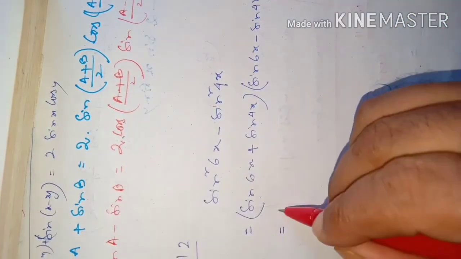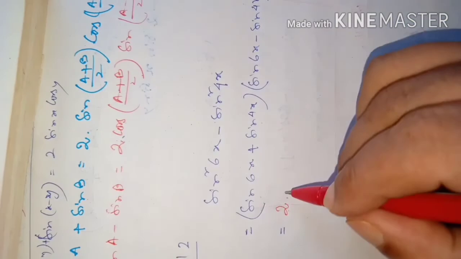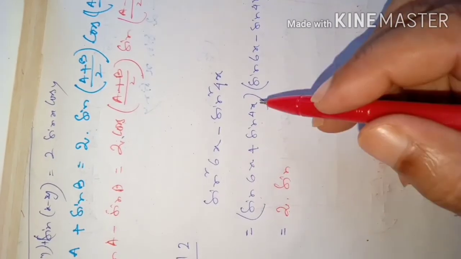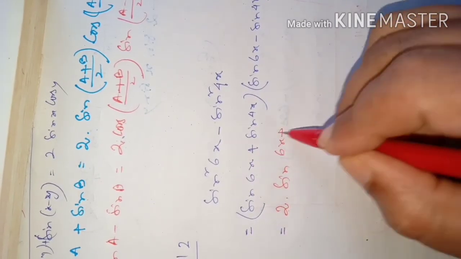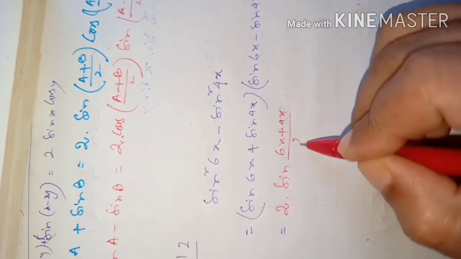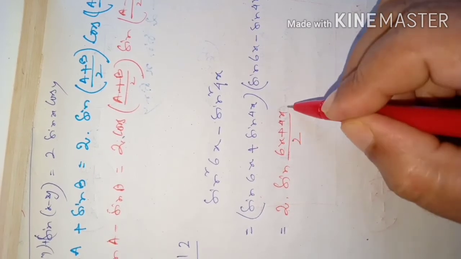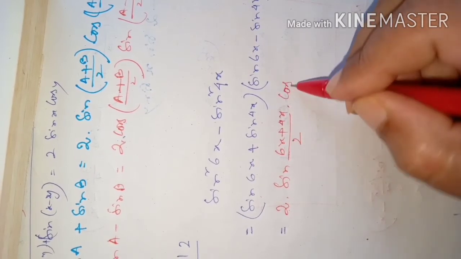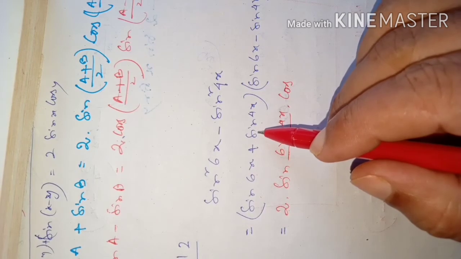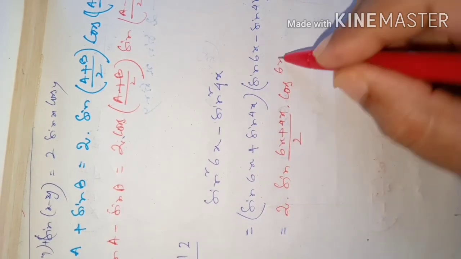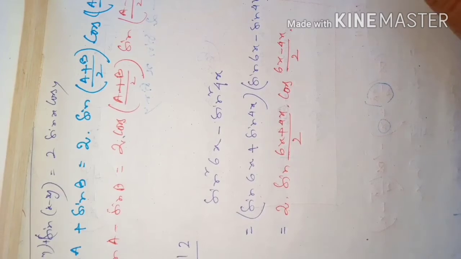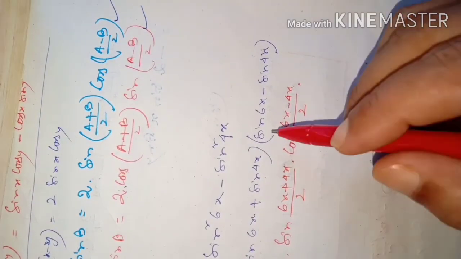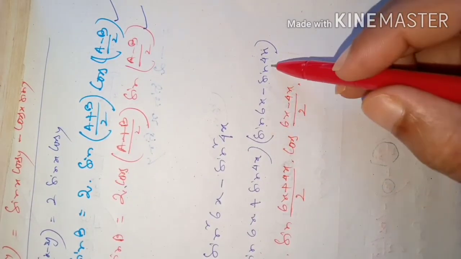So we will get 2 times sin of a plus b by 2, that is 6x plus 4x by 2, into cos of a minus b by 2, that is 6x minus 4x by 2.